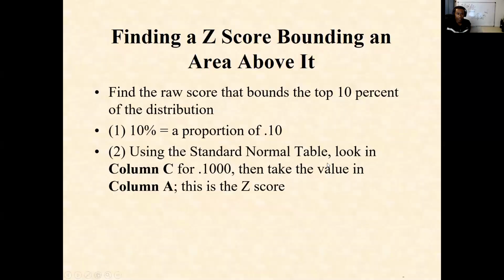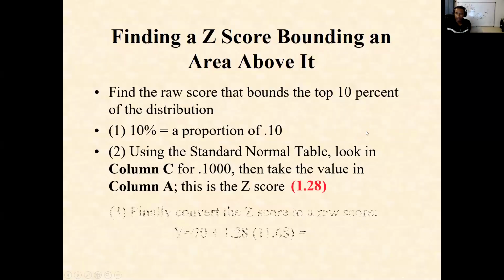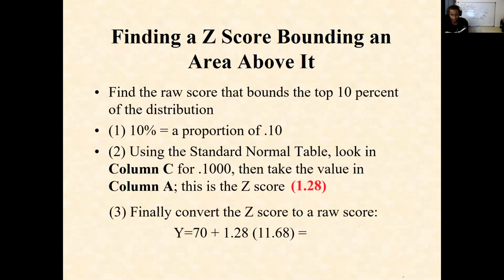So we use that z value of 1.28, and we plug it into this equation, which is the mean, which is 70, plus 1.28, which is the z value, times the standard deviation of 11.68. 1.28 times 11.68 gives us 14.95.